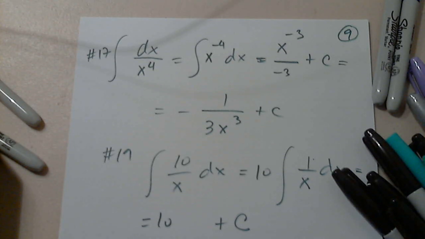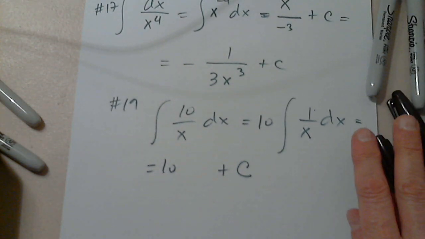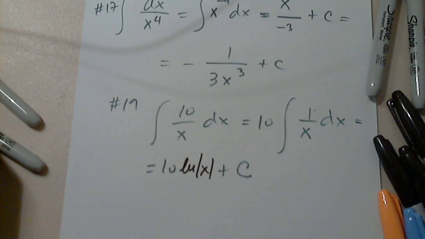Negative 1 over x squared. No. Is it the natural log of x? Absolutely, natural log of the absolute value of x. When we differentiate natural log, we get 1 over x. So please remember that. This is a very important formula.